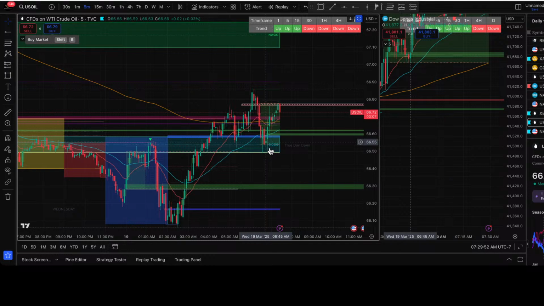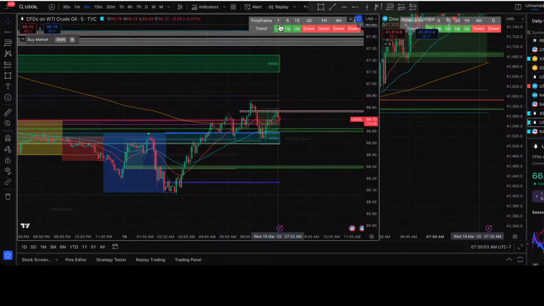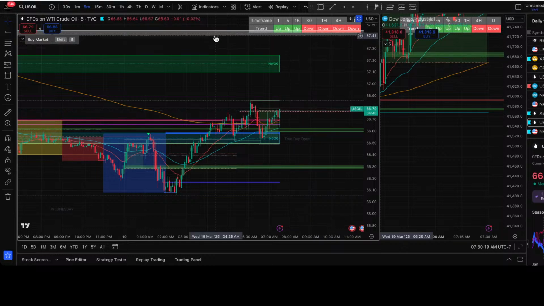Remember, the manipulation move has to match up with your bias. Right now, everything is bearish. We are bullish on the 1, the 5, and the 15, and I've said this before. You can take a counter trend trade as long as you do have a 1, a 5, and a 15 going in the direction of your counter trend.